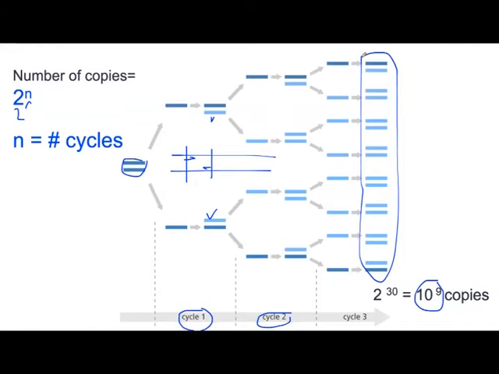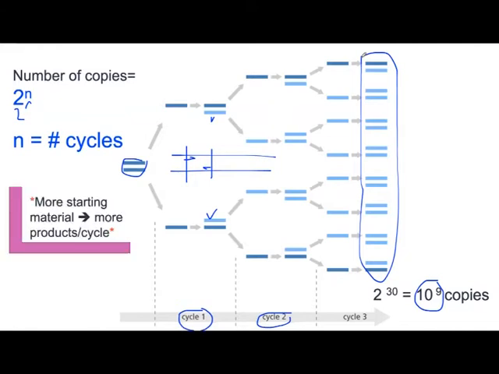Now, something I want to mention here, which I'm going to talk about in the application later on, is that if you start with more material, for example, I'm using one molecule, after one cycle, I'm going to get 2 products. But if I use 10 molecules as a starting amount, after one cycle, I'm going to get 20 molecules of products. So the more starting material you have, the more products per cycle you're going to get.